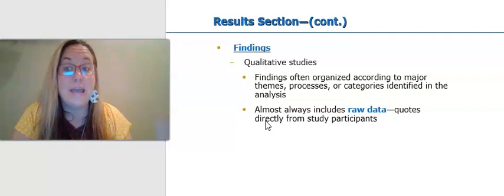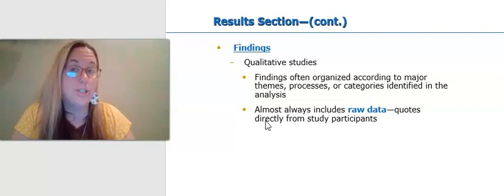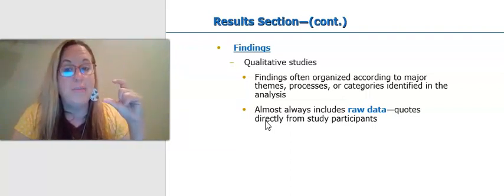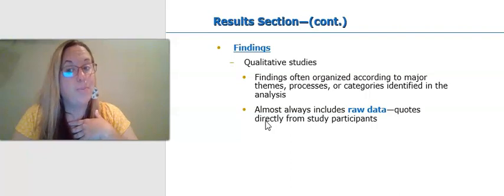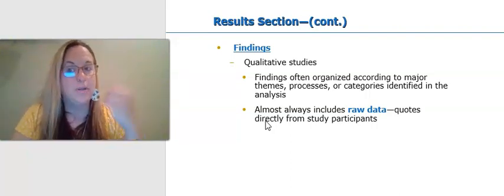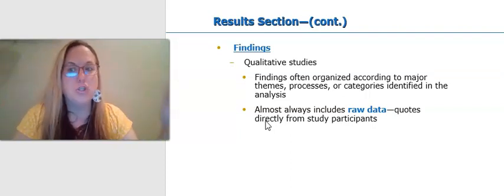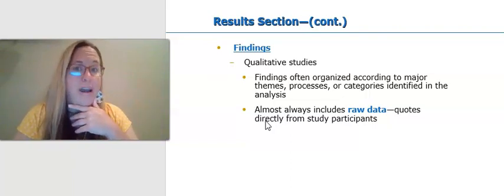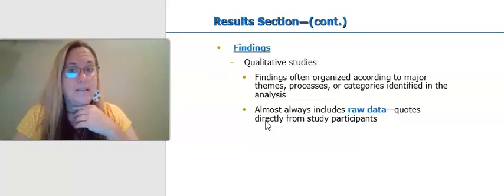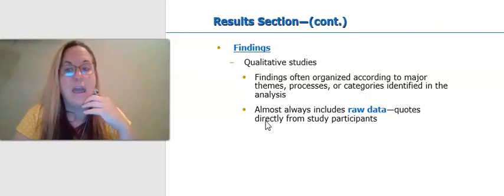Sometimes there will actually be a little statistical table in a qualitative study. It's typically talking about the demographics of the people who participated. So they may tell you the mean age of the participants or their mean years of experience as a nurse or a teacher or whatever they're studying. But beyond demographics, you won't really see statistics, okay?